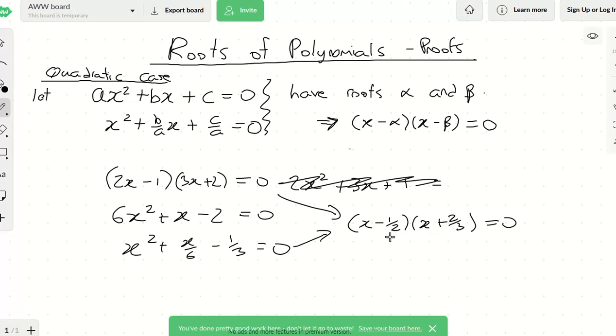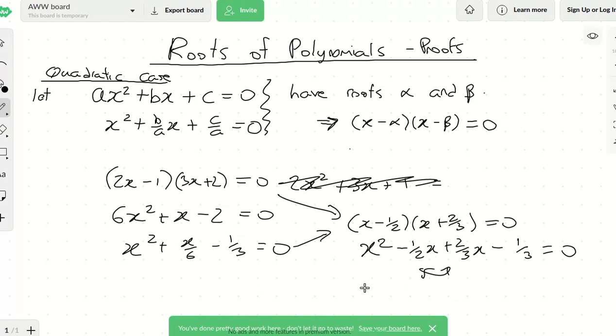If you multiplied that out, I bet you get exactly this now. Let me just show you. Multiply it out, you get x squared minus a half x plus 2/3 x minus 2/3 times a half. Well, that's going to be minus 2/6, which is minus a third, equals 0. If you combine those two, you will get a positive 1/6, because that's minus 3/6 plus 4/6.